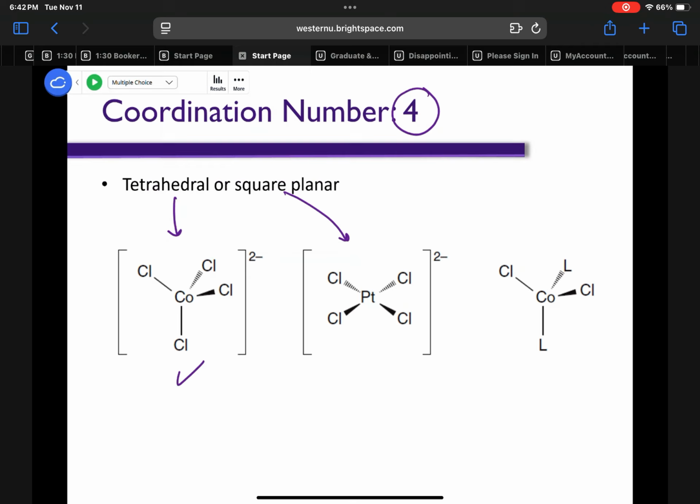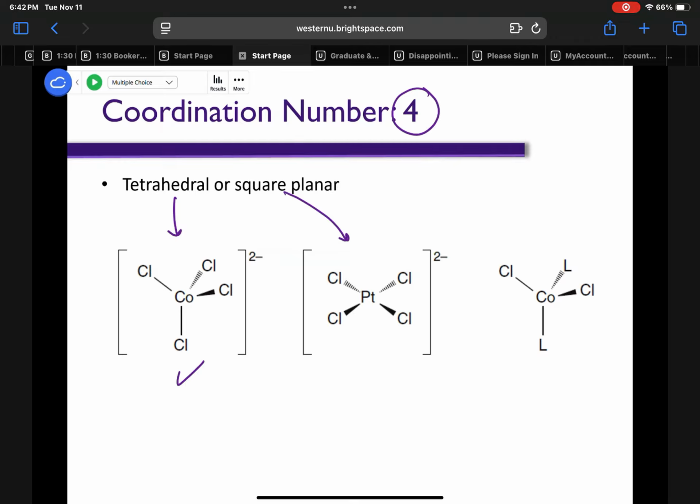If we know something about the isomerism of that complex, we might be able to figure out if it's square planar or tetrahedral. For example, here I have a tetrahedral shape, and it has 2 unique ligands and then 2 other unique ligands.